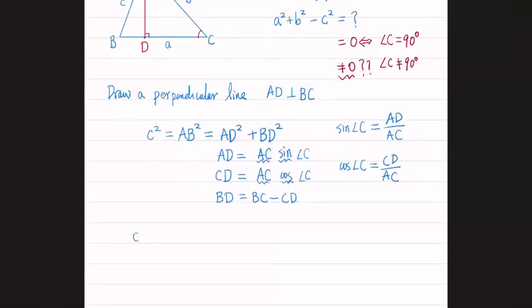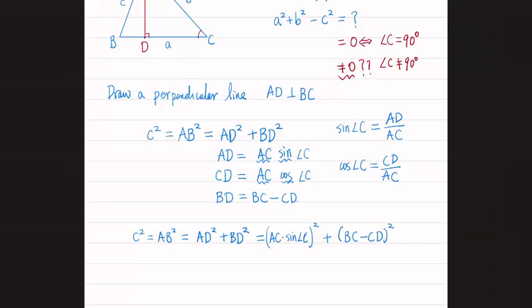So C squared, because I will copy the formula from before. AD is AC sine angle C, squared. BD is BC subtract CD, squared.